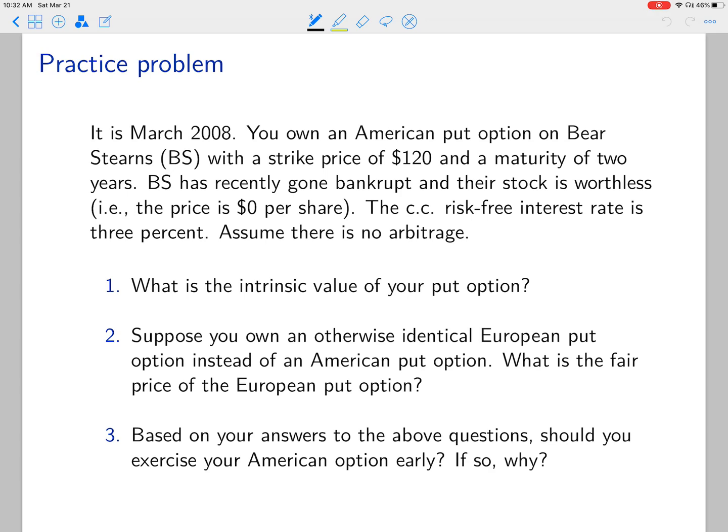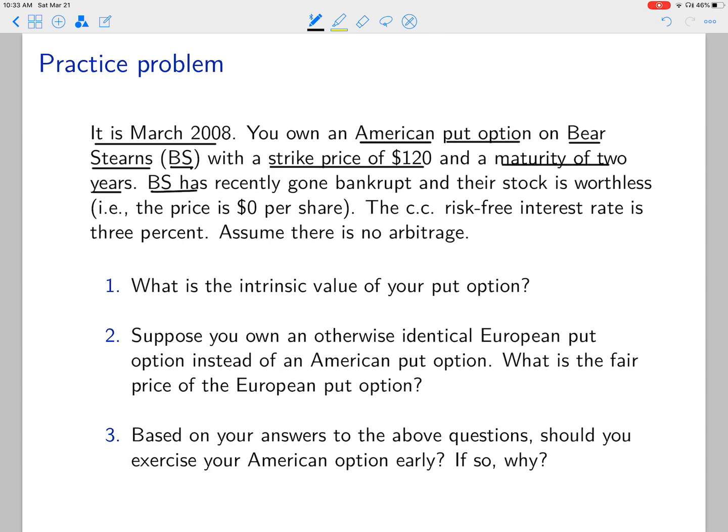All right, so let's solve this problem. The problem statement is as follows. It's March 28th, 2008, nearly the height of the financial crisis. Suppose you own an American put option on Bear Stearns, which was an investment bank with stock ticker BS, with a strike price of 120 and a maturity of 2 years.